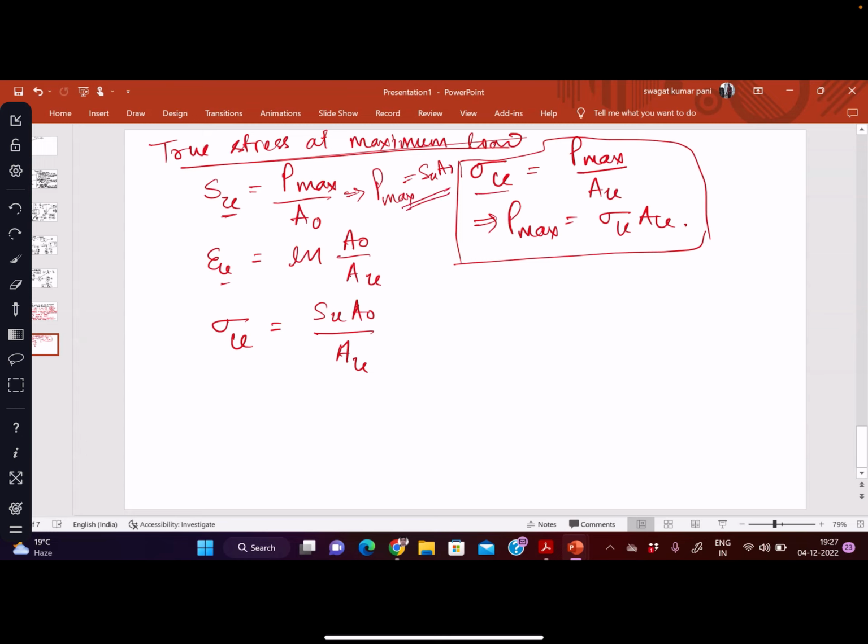So sigma U equals P max by AU. What is P max? This is sigma U A0, so I put that here: instead of P max, I put sigma U A0 by AU.